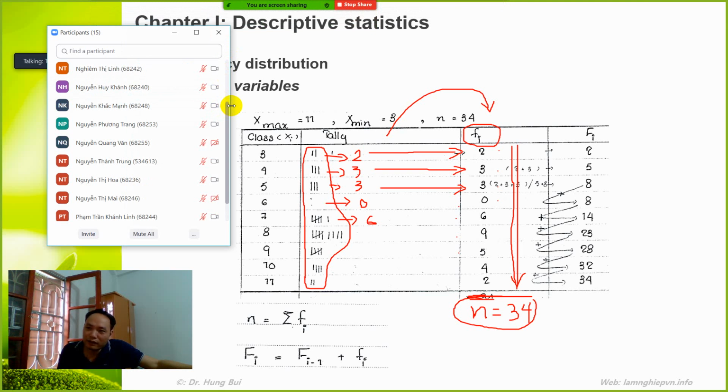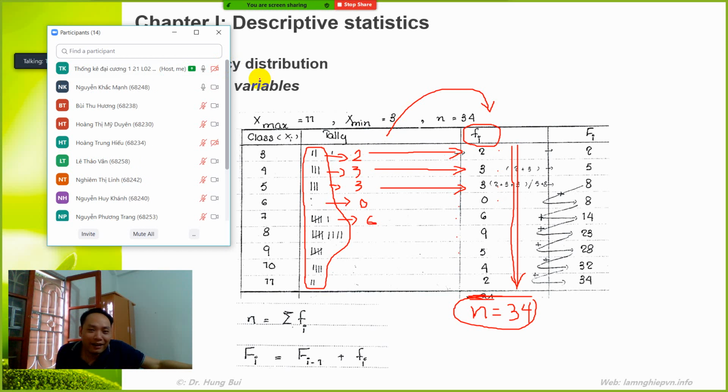Linh, Khánh, Mạnh, Trang, Văn, Trung. What is the name for small n? Open the previous lecture, open previous pages, and try to find what is small n. Guys, hurry up. Tell me. It's number. You are very lazy students.